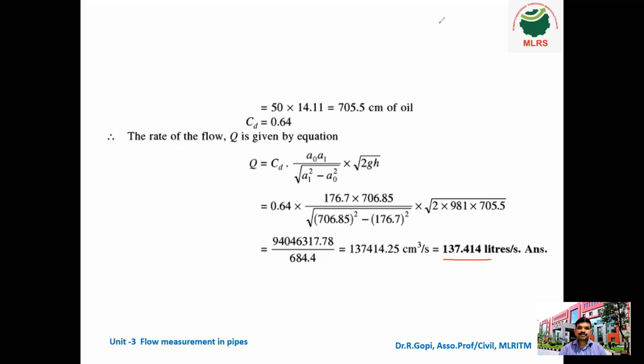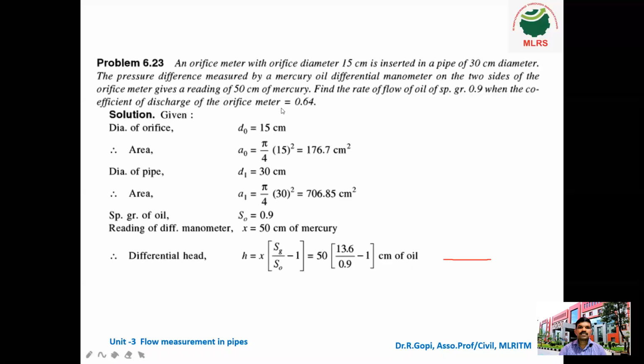The main thing in this problem is, you can observe that here they have given the differential manometer reading. It is 50 centimeter, the difference in level of the mercury. That value is nothing but the X value.